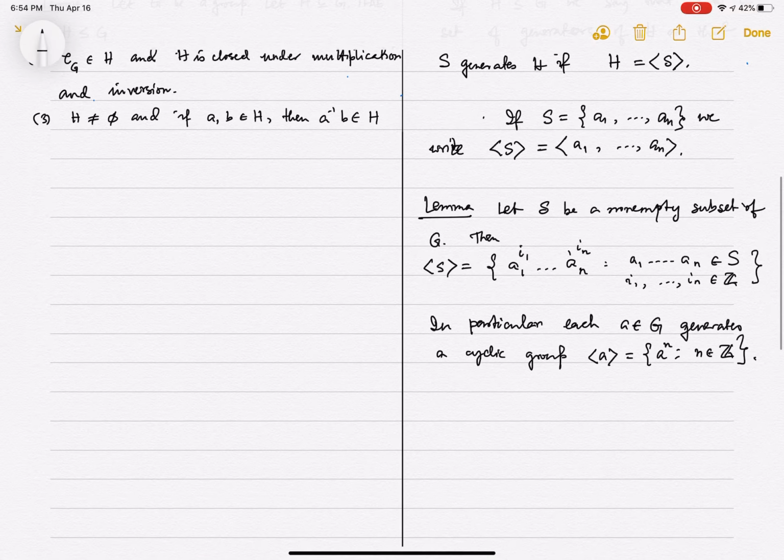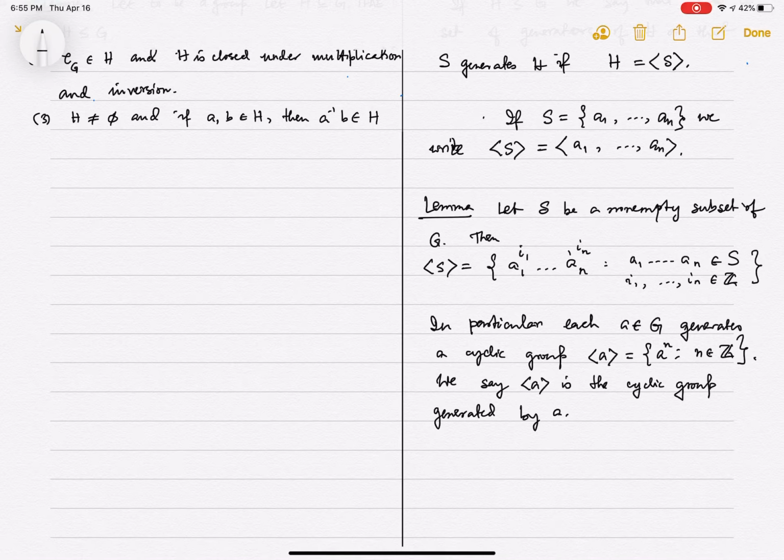We say that this is the cyclic group generated by A. We're not claiming that all the A to the n's are distinct.